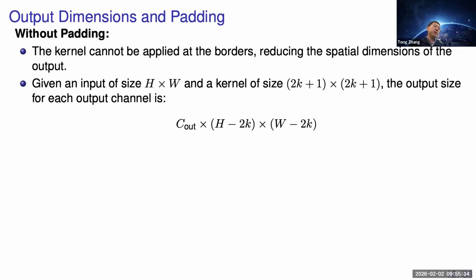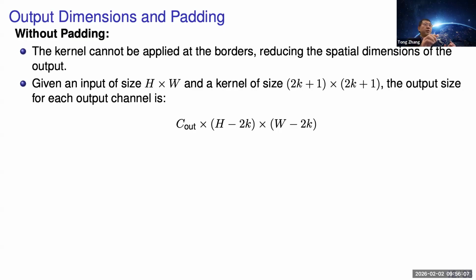Now, how much padding do you need? Padding is usually applied for each side. For a kernel of size 2k plus 1, not k, we know the reduced dimension is about 2k. Therefore, if you apply padding, it should be of size k, because it's applied on each side. For example, with a 3 by 3 image, a padding size of 1 makes it 5 by 5, because you're adding 1 on each side.